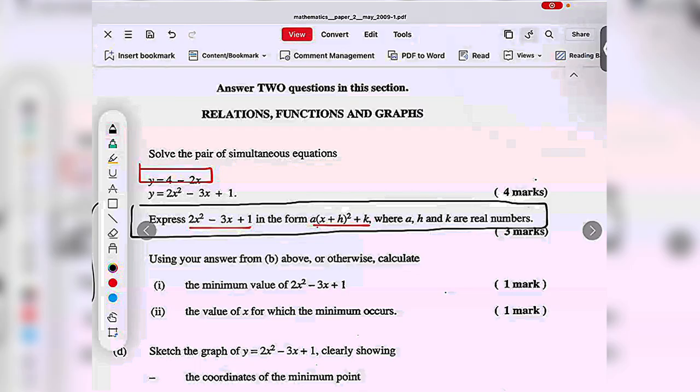Yes, we need to find a, b, and c first. So a is equal to how much? A is 2. Yes.